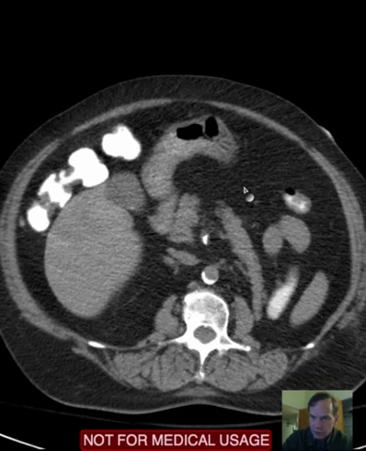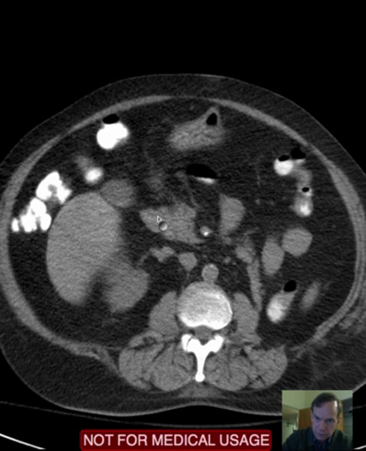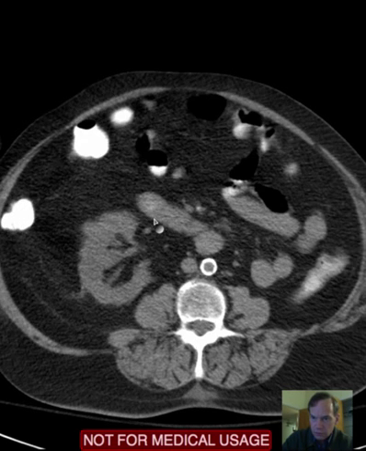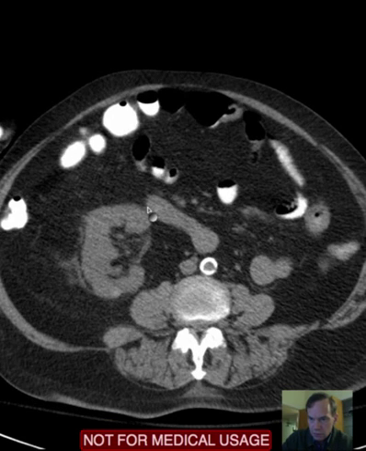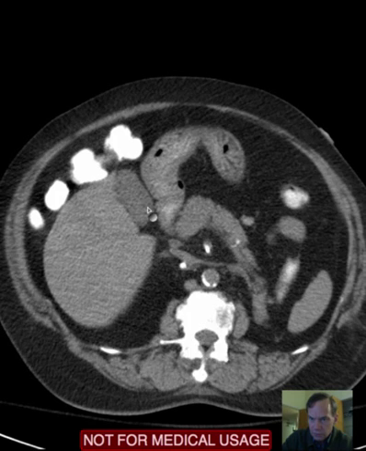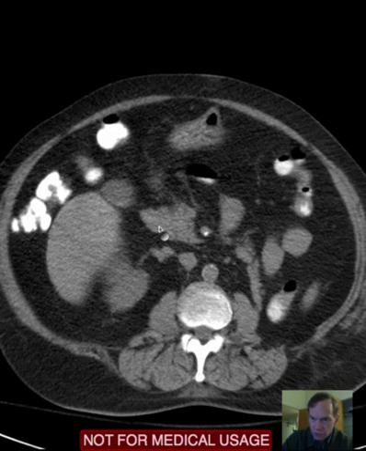Here's stomach. That should empty into the duodenum, first into the first portion of the duodenal bulb, and then the second portion of the duodenum. So the bulb is right around here, I'd say. It's very small in this case.